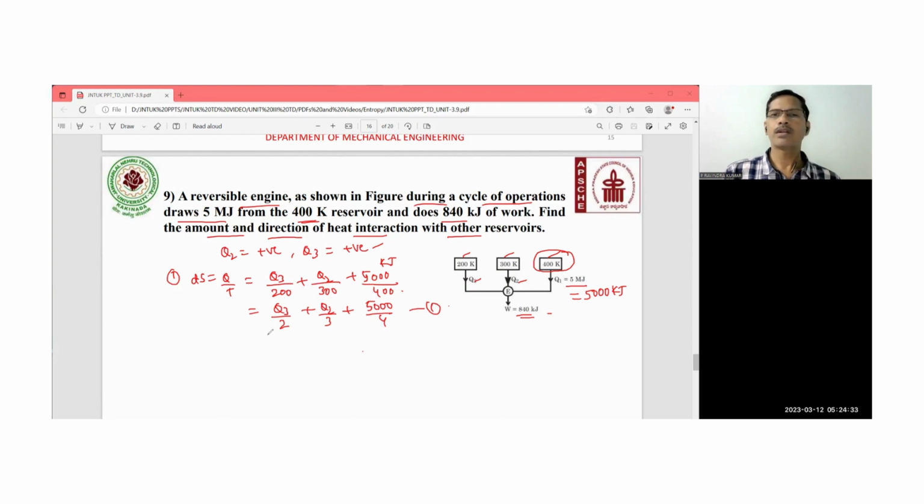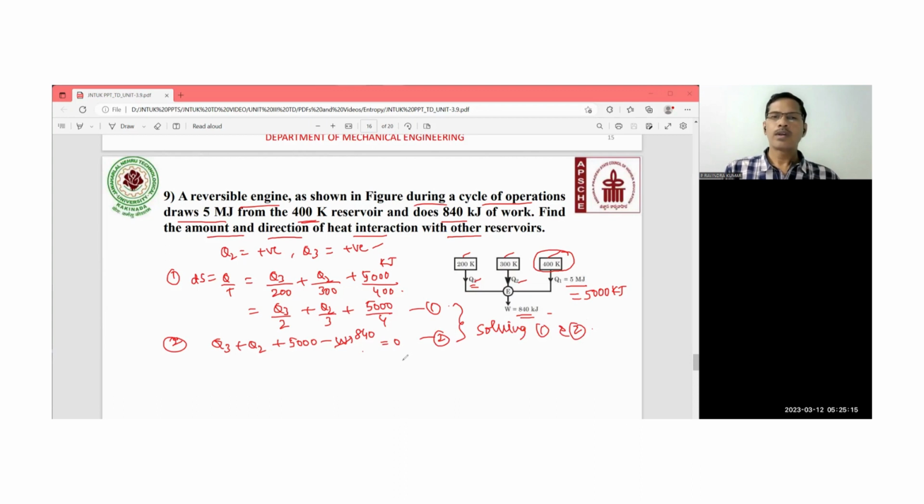Then the second case, focus on the energy balance: Q3 plus Q2 plus 5000 kilojoules minus W, the total network here, 840, is equal to 0. So solving 1 and 2, you can get the values.